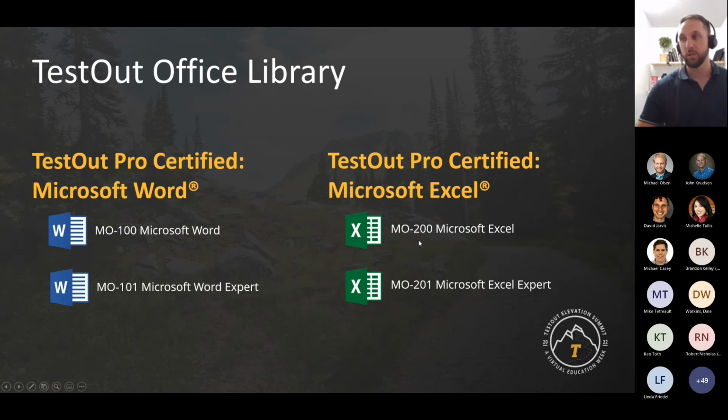It also teaches the associate level training for Microsoft Excel and expert training for the MO 201 certification. We're now releasing TestOut Pro Certified Microsoft Word July 26th, which does the same thing. It gives the associate level training to get the associate MO 100 certification, and then also the expert level training.